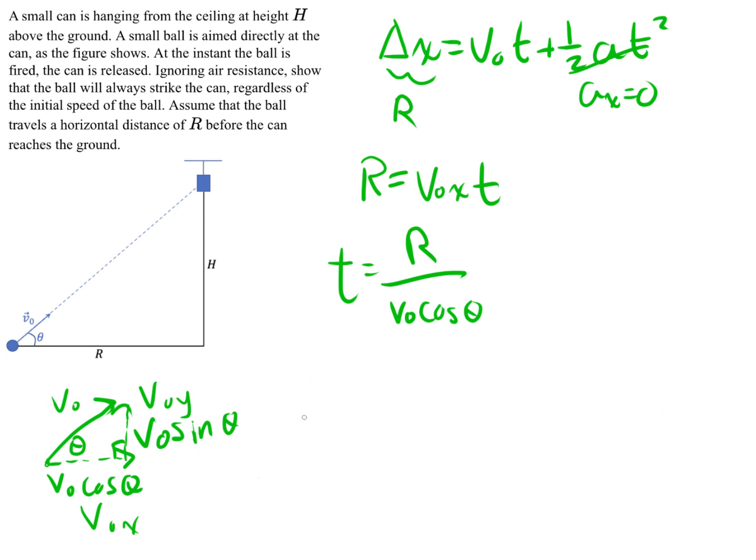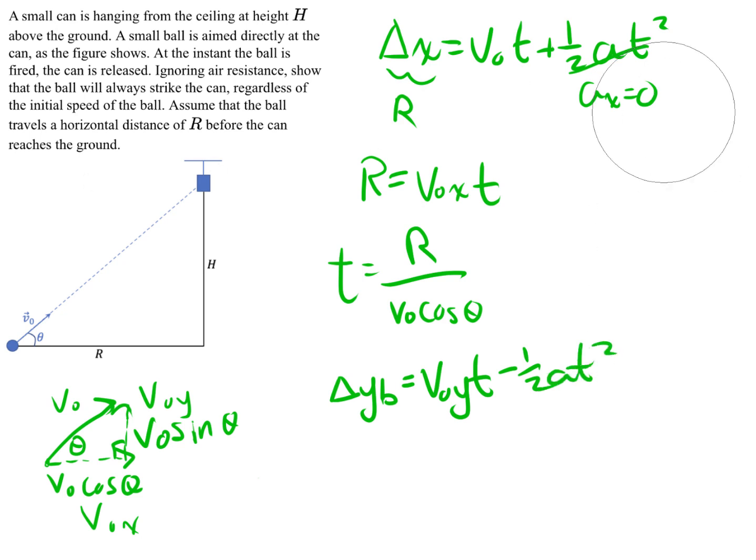That is going to be important, as we are going to use that later. So from this, we can say that the change in y of the ball is going to be equal to the initial y velocity times the time interval minus 1/2 at squared. Again, this is from the kinematic equation up here, except we're applying it in the y direction.